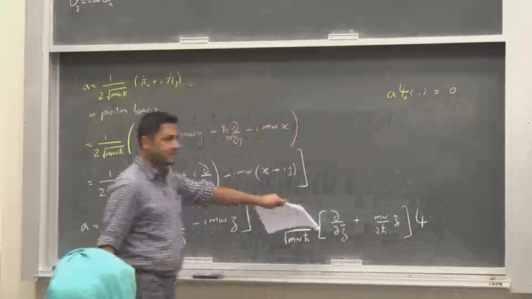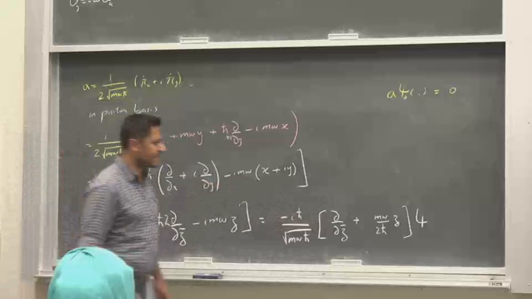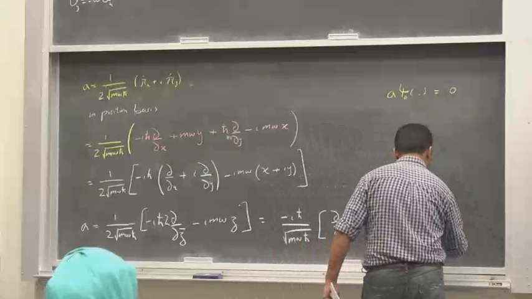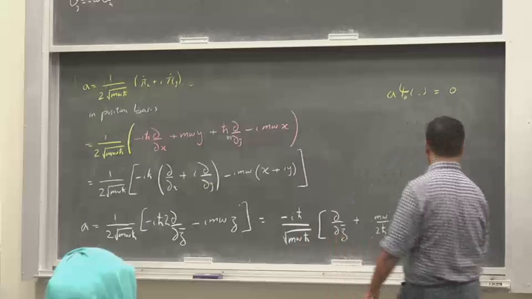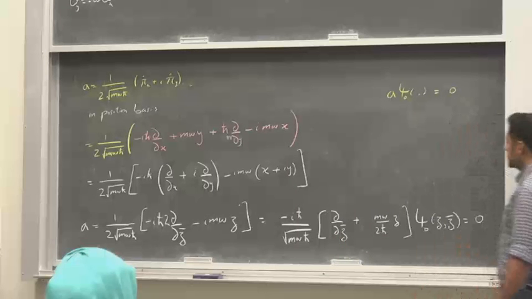Now this is the operator and it's acting on my ground state जिसको अभी मैं in new variables की terms में लिखा हूँ. It has to annihilate it.